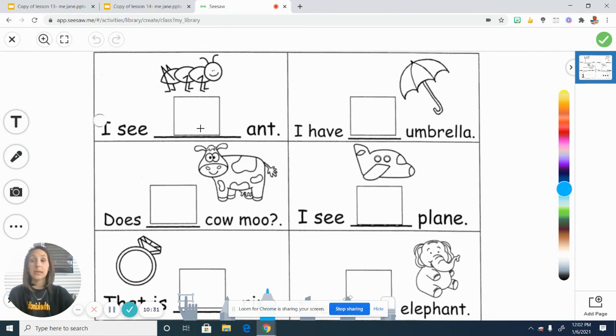So I see blank ant. Would you say "a" or "an"? Right, you would say "I see an ant" because ant starts with an A. All right, so you'll fill in these 6 boxes using the pen or the typing tool with either "a" or "an."